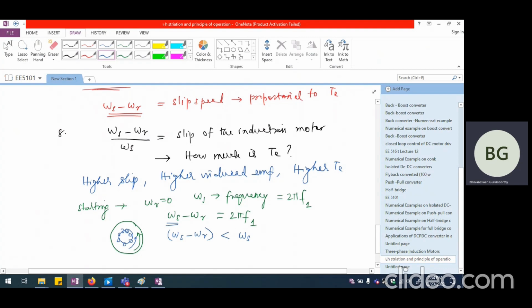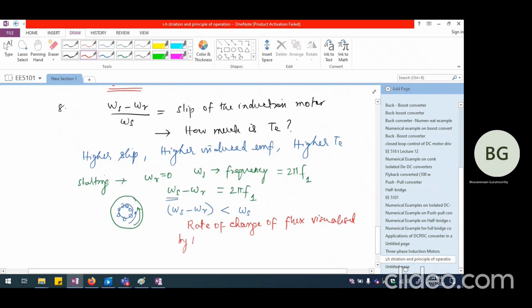In which case, the rate of change of flux visualized by the rotor conductors will diminish or reduce as omega r increases slowly.